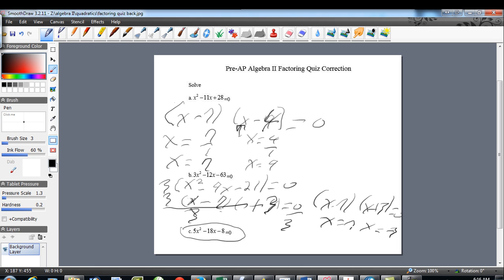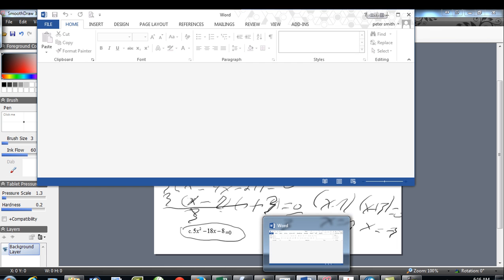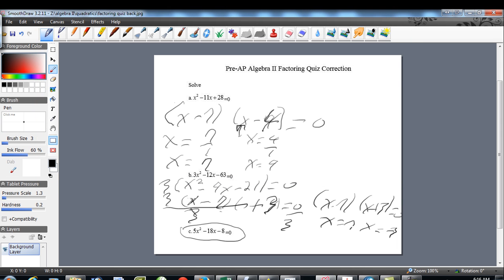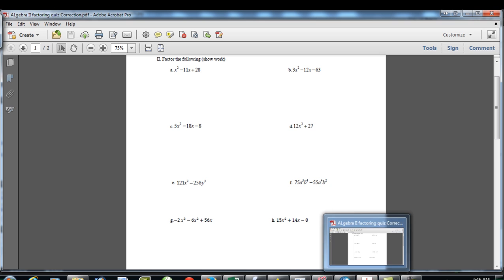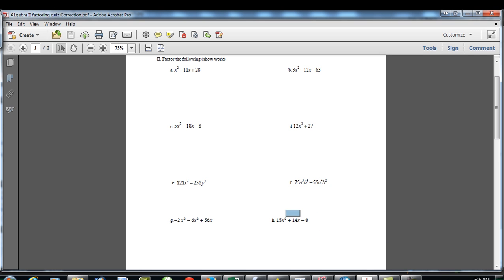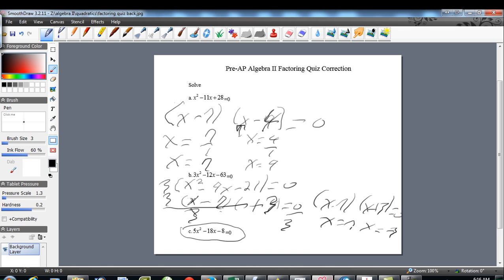Save time. If you recall on the other part of the quiz, I gave you this problem right here on the front side, 15x squared plus 14x minus 8. So all you had to do, oops, sorry, wrong problem. Bridge over troubled water again. Let's kick it way up here so you can see what we're doing.